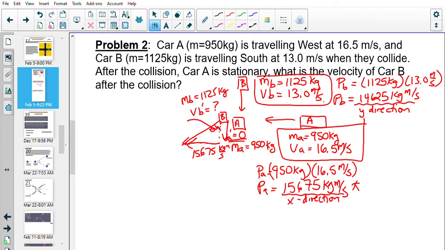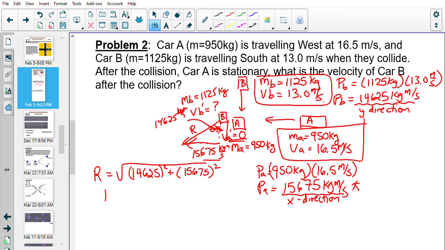This side of the triangle is going to be exactly 14,625 kilogram meters per second to get this, and we still need to get R. So the R is, again, Pythagoras like the last question, of 14,625 squared and 15,675 squared, and take the square root, plug that into your calculator.